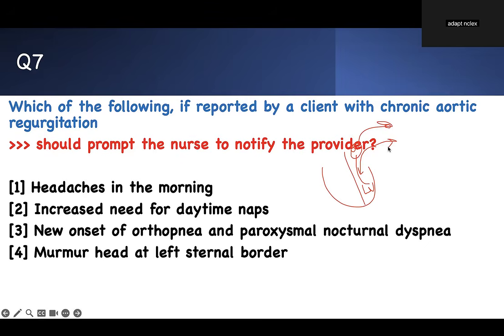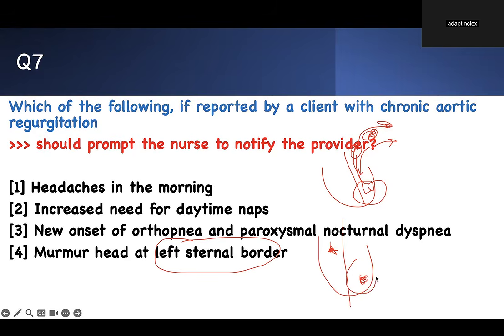Remember, aortic regurgitation, why do you hear the murmur at the left sternal border? But you look at the aortic valve, it is on the right. But if I have regurgitation, I hear it here. Why? Because the blood from the aortic valve refluxes to the ventricle.